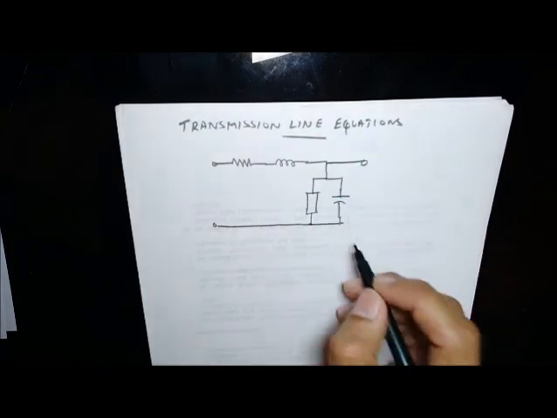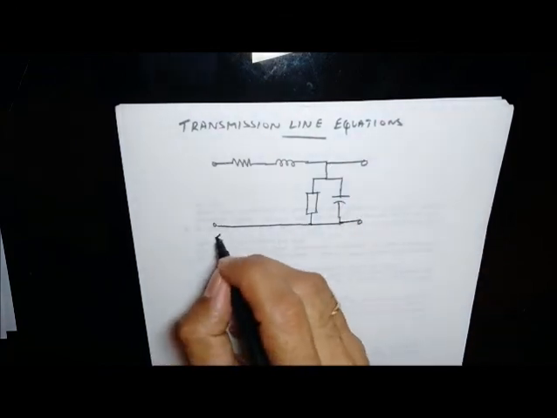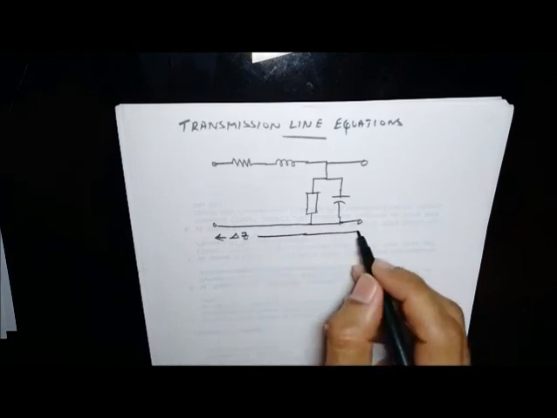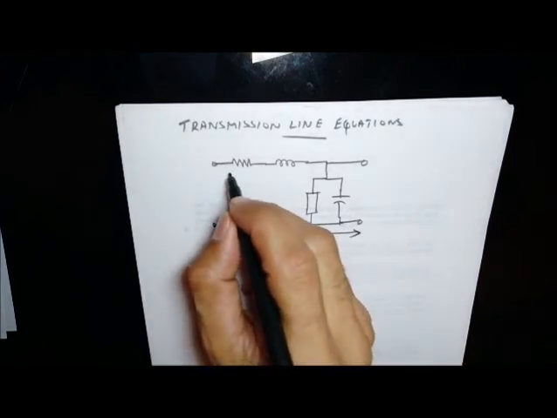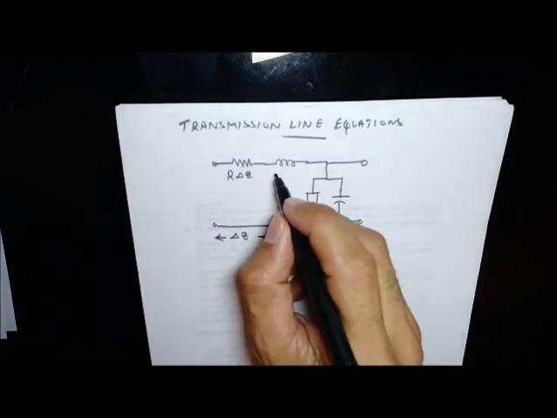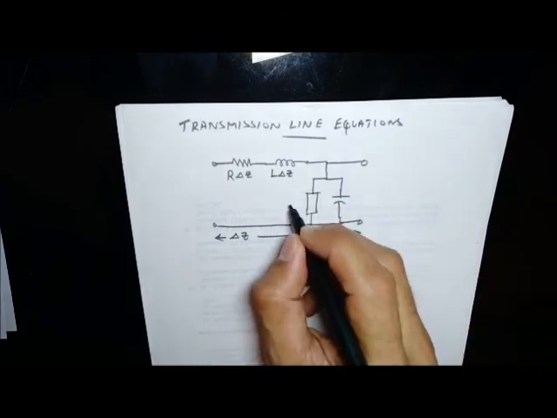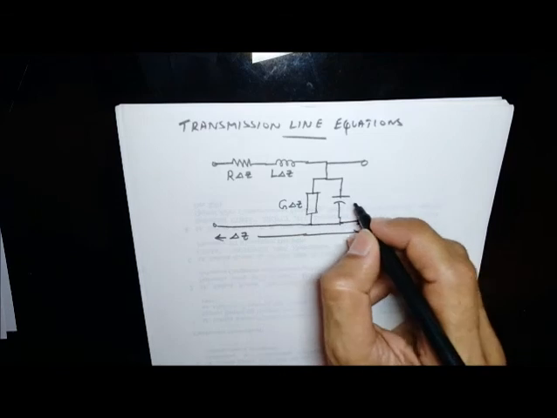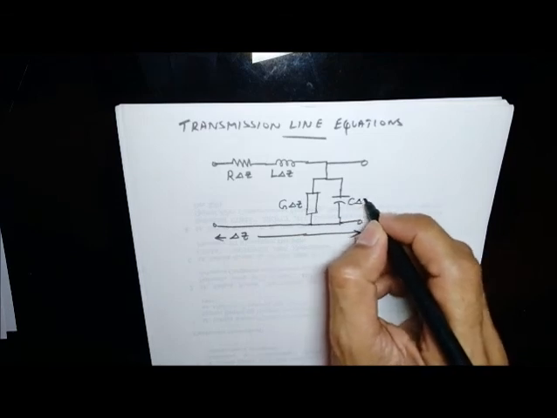Right, so this is the model. Length delta z, R delta z, L delta z, G delta z, the shunt conductance, C delta z.